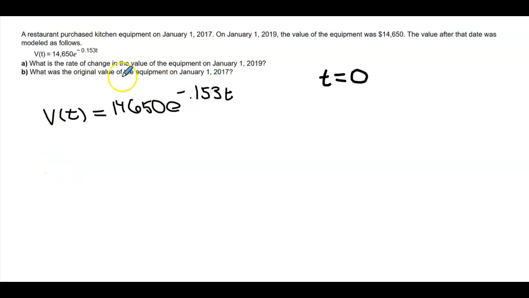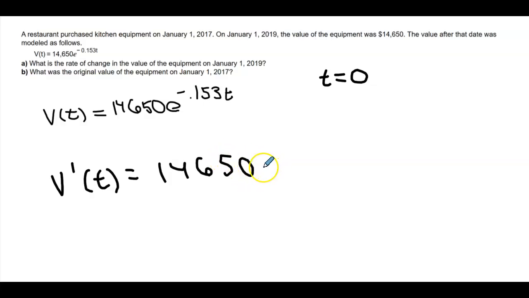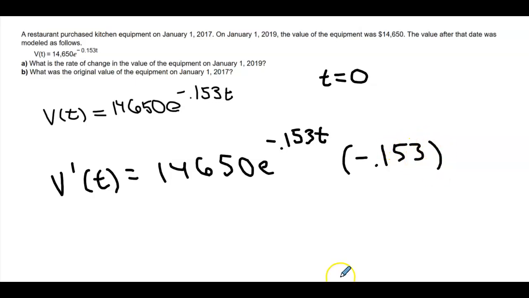To get the derivative for these exponential functions, all you got to do is rewrite them. So this is $14,650 e to the negative 0.153t. This is itself the value of the equipment at time t. The rate of change is negative 0.153 times that.